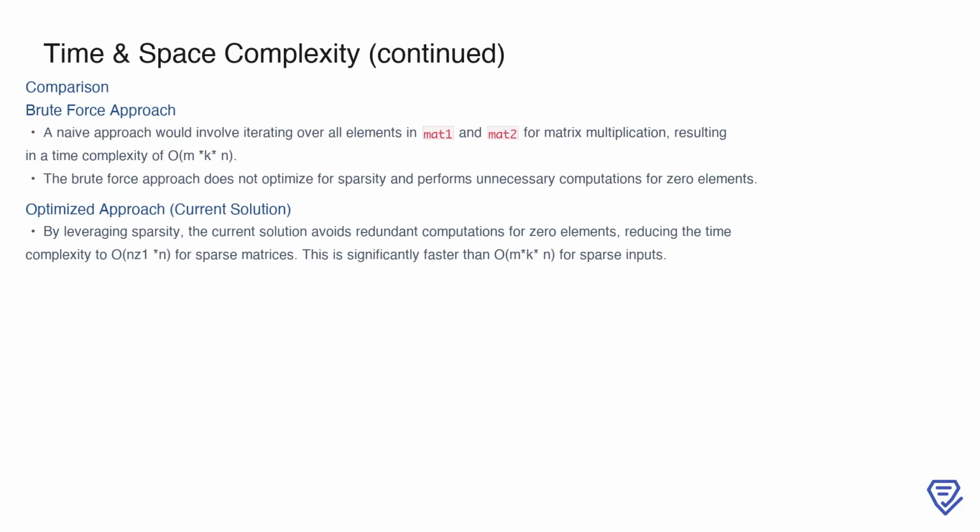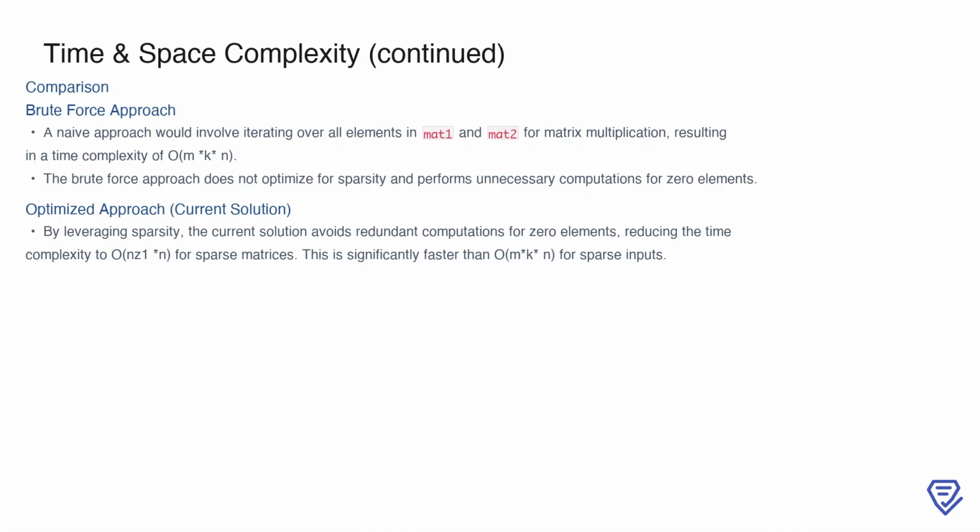When comparing this optimized approach to the brute force method, the advantages become clear. The naive brute force approach iterates over every element of mat1 and mat2, performing all possible multiplications and additions regardless of the presence of zeros, leading to a time complexity of m * k * n. This approach does not account for sparsity, wasting computational resources on redundant operations involving zero values.